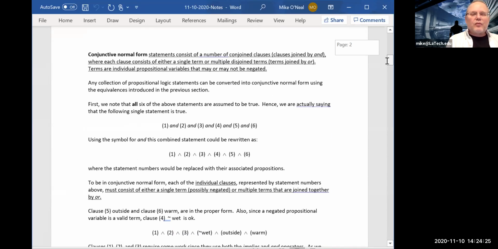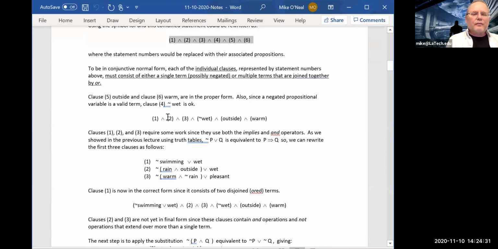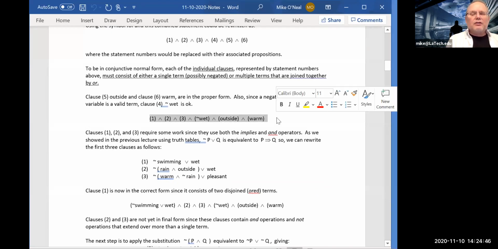So we could rewrite this way: 1 and 2 and 3 and not wet and outside and warm. So the last 3 we've taken care of.